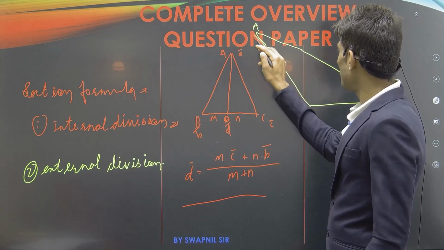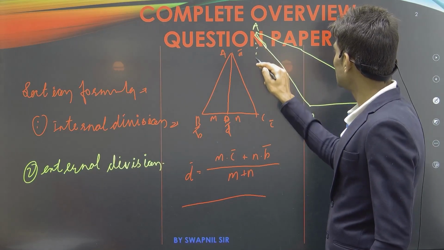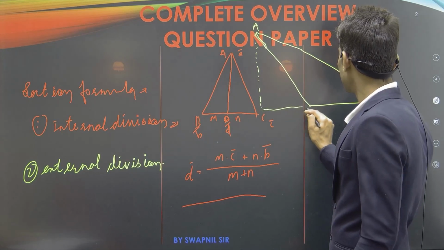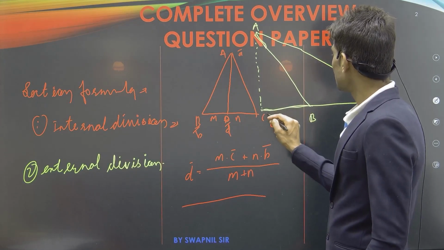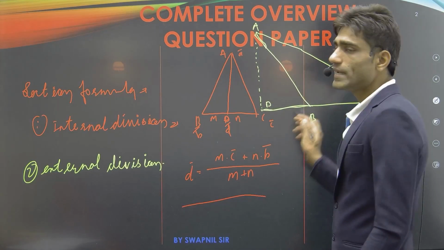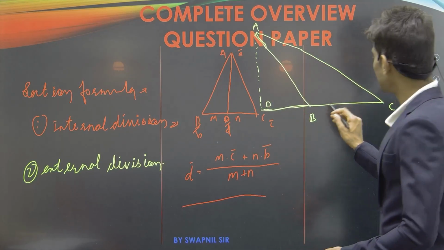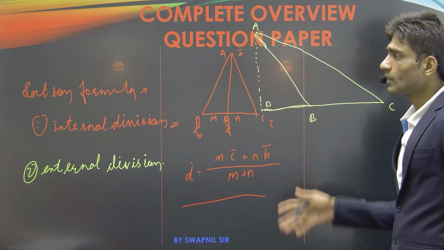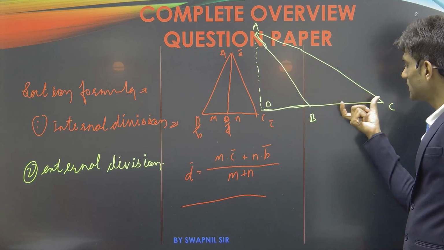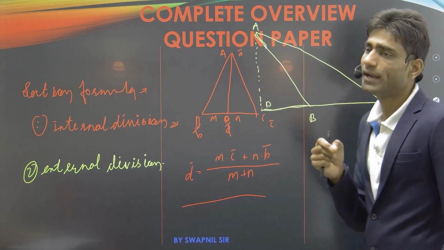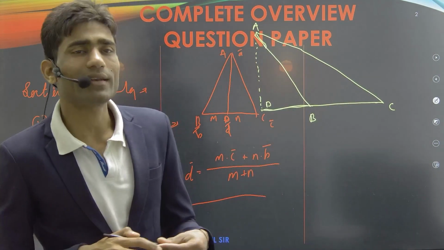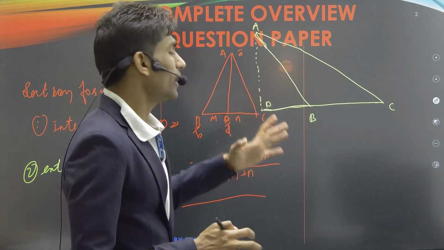Now on this obtuse angle triangle, I have taken another point here, point D. That point D divides line segment BC externally. The line segment BC is divided by point D, but that point is outside of our triangle, so we consider it the external division.